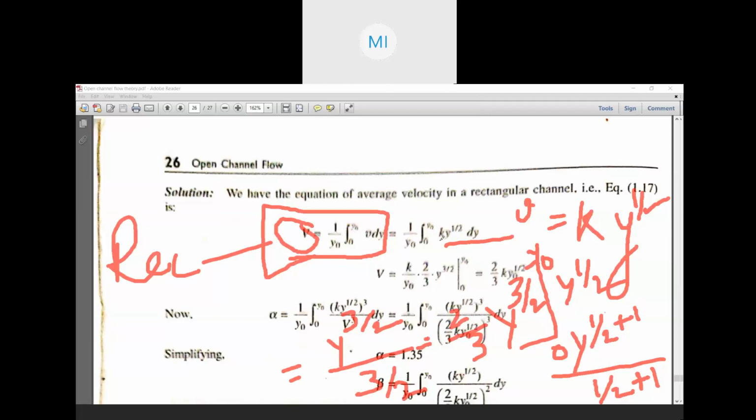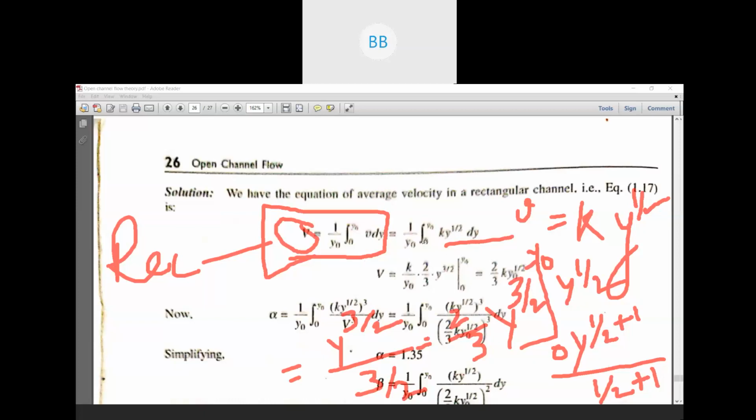It's a simple integration. In place of small v, the expression is already given, that is k into root over y. So in place of root over y, we have considered y to the power half, and we substitute in place of small v.